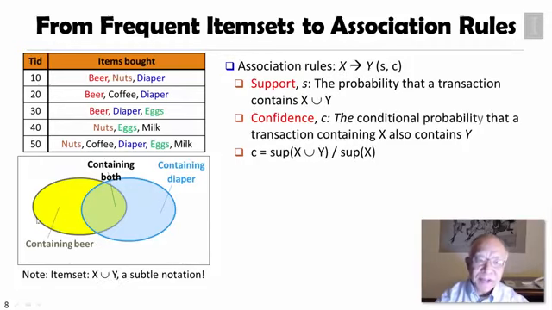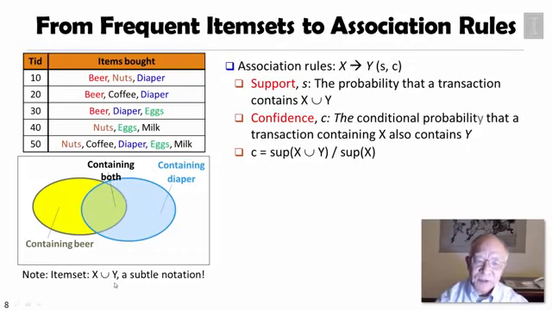But if you look at the Venn diagram, actually transactions containing X could be this part. Transactions containing diaper, like beer, is this part, diaper is this part. Containing both is actually their intersection, the intersection on the events.